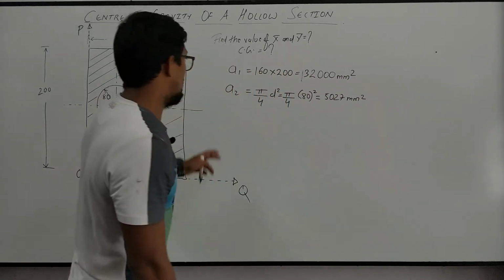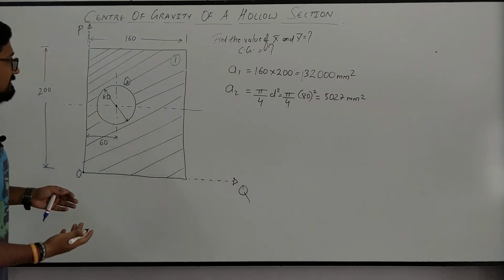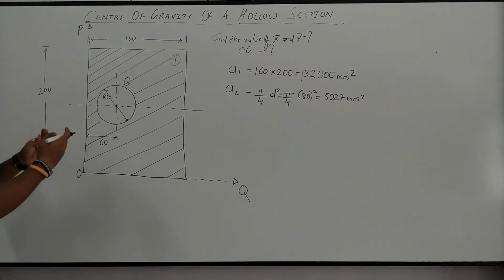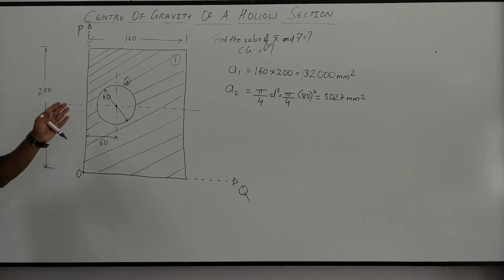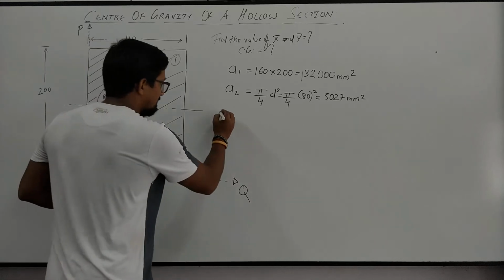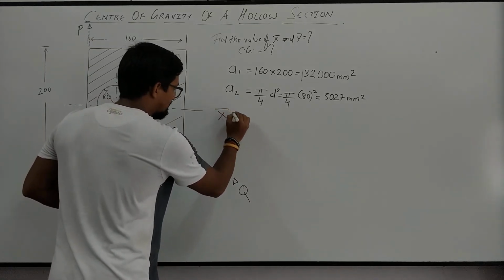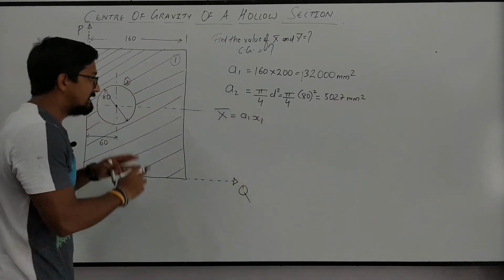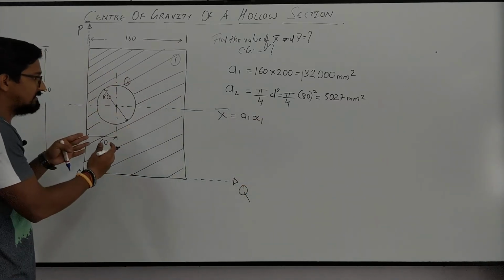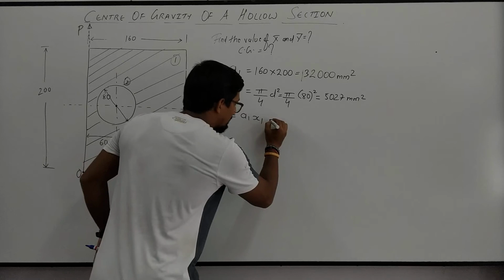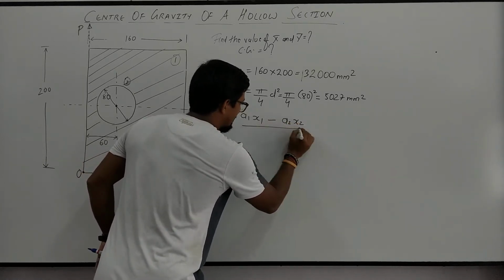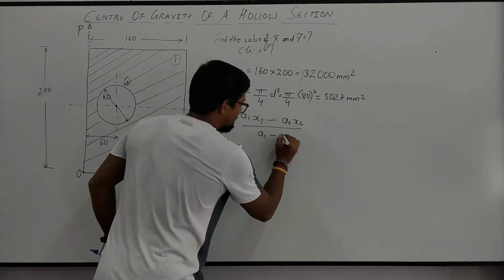Now again the same thing, we have to find x bar and y bar, means locate the CG for this figure. But for location of CG we have to write the formula. X bar is equal to A1 x1 minus A2 x2 divided by A1 minus A2.